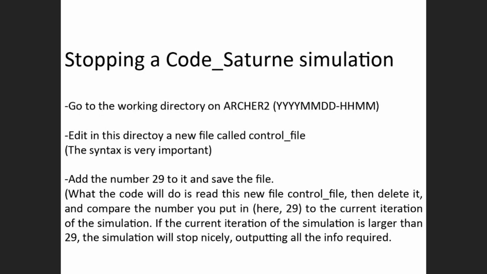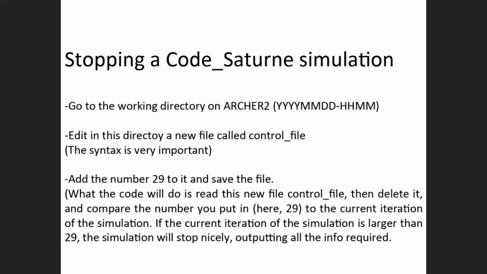29 is much smaller, and so you save that file, control_file, and the executable CS solver is going to read it and interpret it as a finishing iteration number or maximum number of iterations of 29, which is smaller than the current iteration that the code is running on.